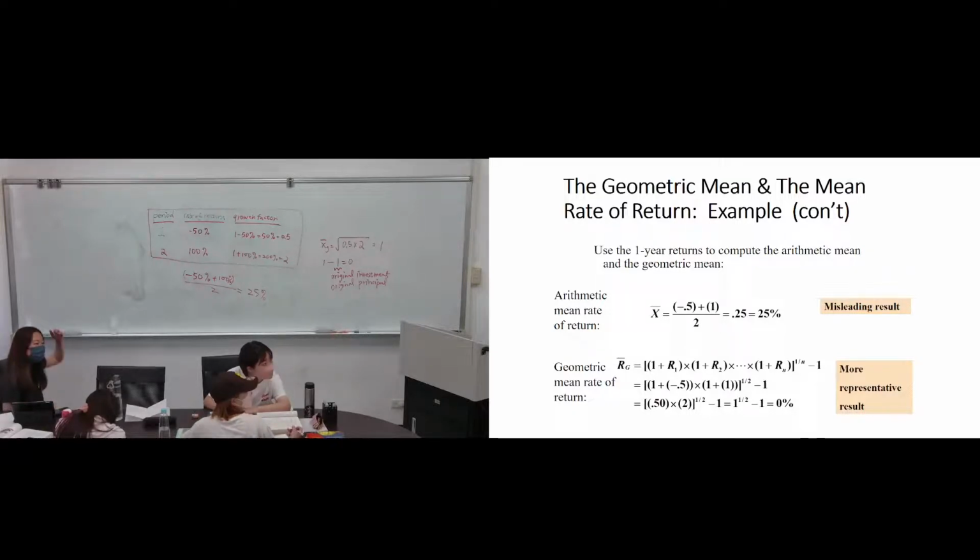We might think that our rate of return is good, it is looking good. However, the geometric mean rate of return tells us that it is not as high as 25%. Actually, it is 0. Our average growth rate per period is 0. It is not 25%. Questions?